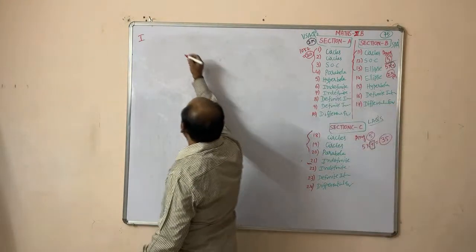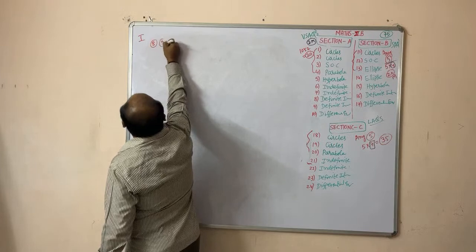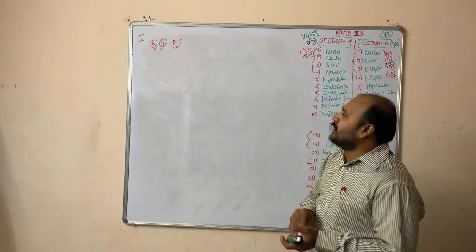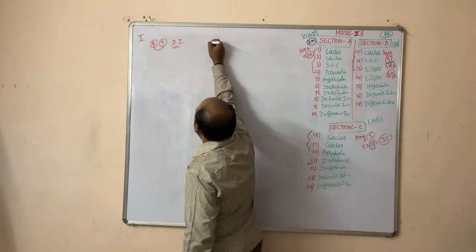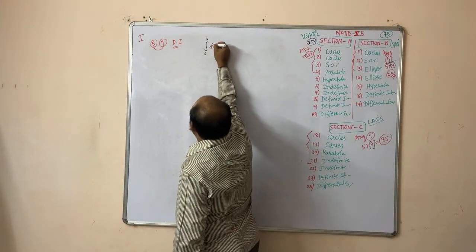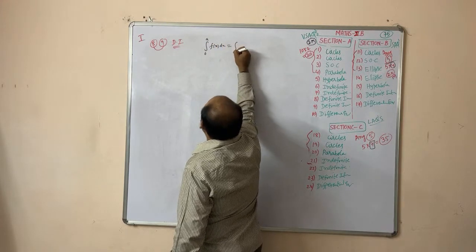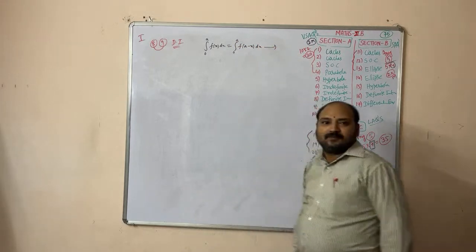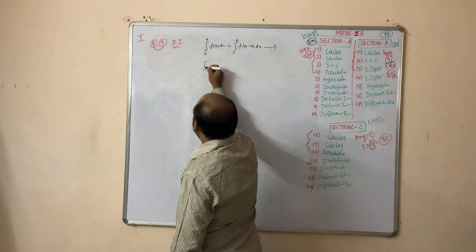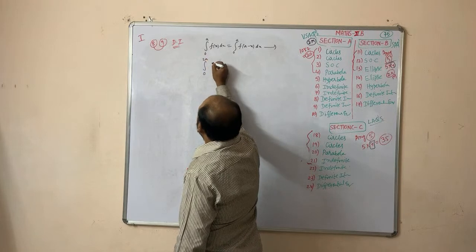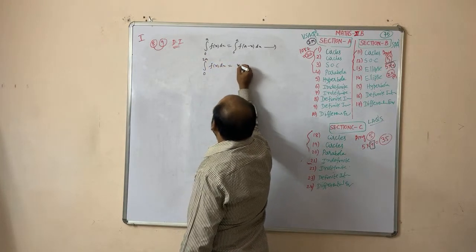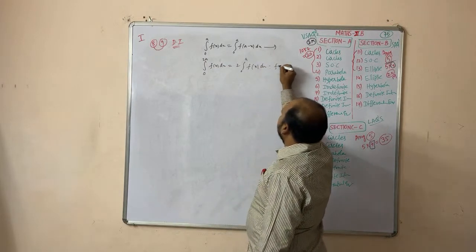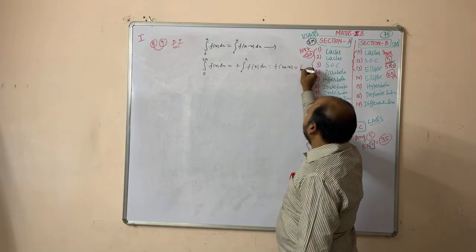In question numbers 8 and 9, definite integration. In definite integration, based on the properties: integral 0 to a f of x dx, integral 0 to a f of a minus x dx. Based on these properties, even function and odd function: integral 0 to 2a f of x dx equals 2 times integral 0 to a f of x dx if f of 2a minus x is equal to f of x.